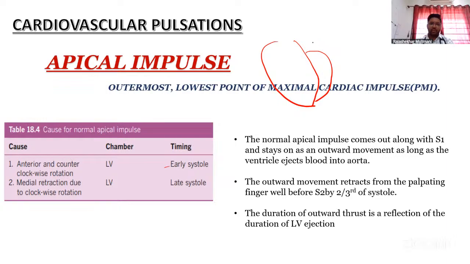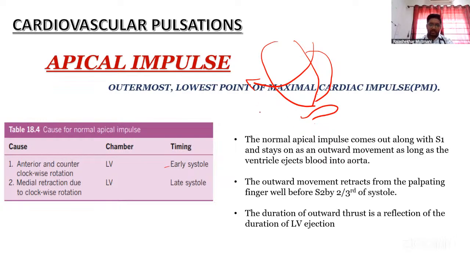When seen from below, the heart moves counterclockwise during early systole, which makes the left ventricle come forward and touch the overlying thoracic wall. So this impulse is felt as an apical impulse during the examination.